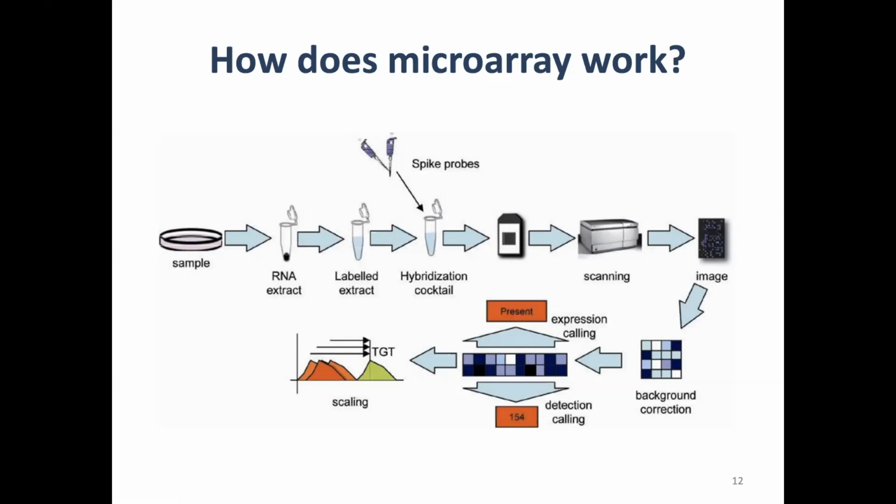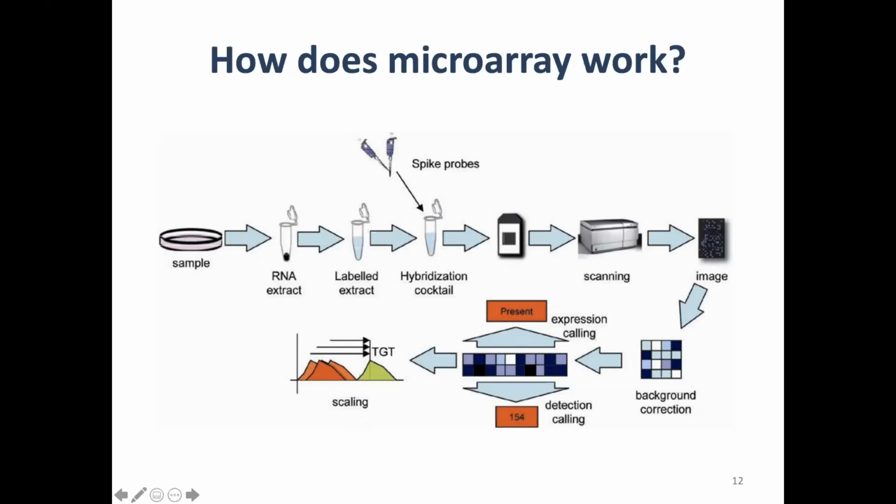So some will glow brighter, some will glow darker, and if it's a two-colored microarray, then you will see two different colors. Then once you get the raw image file, you do the background corrections, you do normalization, and then you are ready to call. You've got the signal now. Based on the signal intensity, you can determine how high the gene is expressed, how low the gene is expressed.